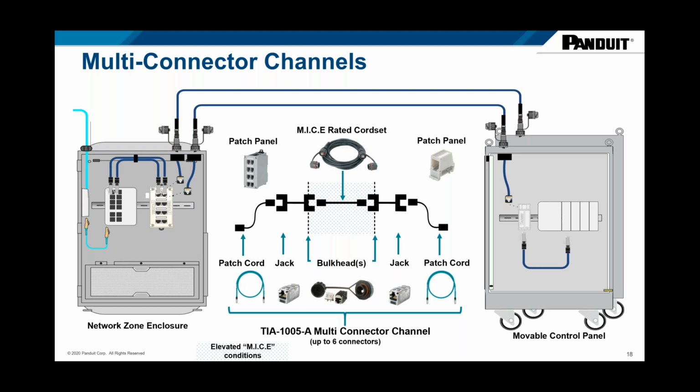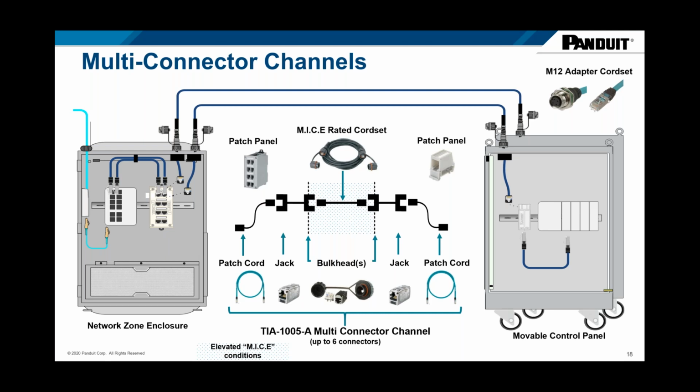This is where you get into those situations where you get more than 4 connectors. So you might look at this and you say, well, that's a lot of different components to put into the system. There are ways to simplify this installation. So I'm showing you an example of that. You can take that whole jack patch cord connection and combine that into a single product.